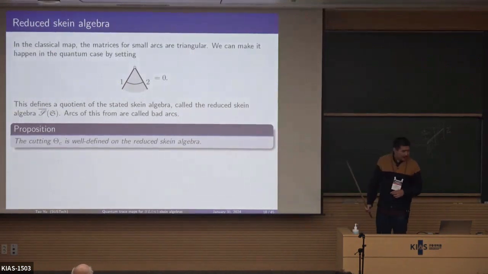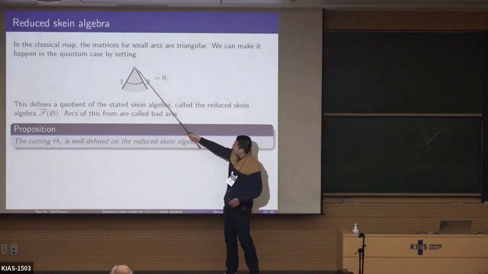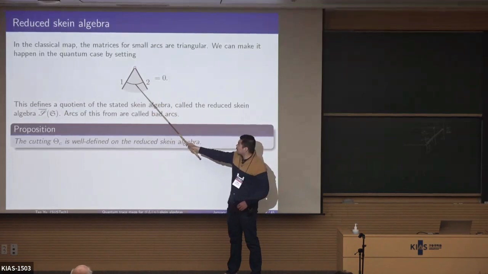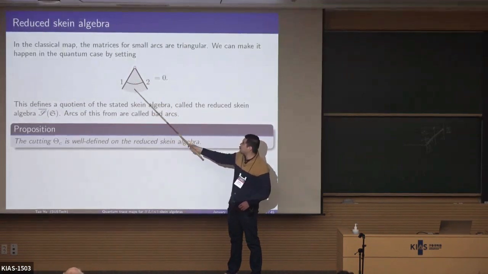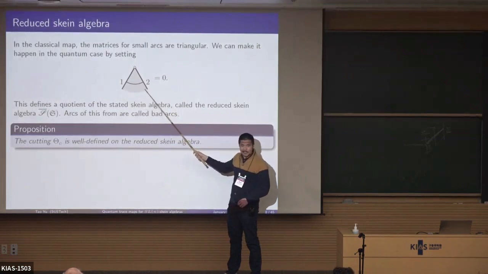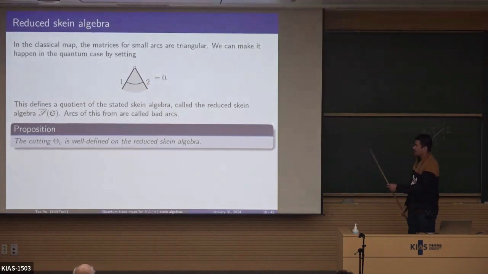And a very appealing fact about this arc is that if there is a cutting map right through this vertex, you can see that no matter whether you put 1 or 2 here, at least one of these sides will be the same form as this one. So the cutting actually descends to the quotient that is the reduced skein algebra.